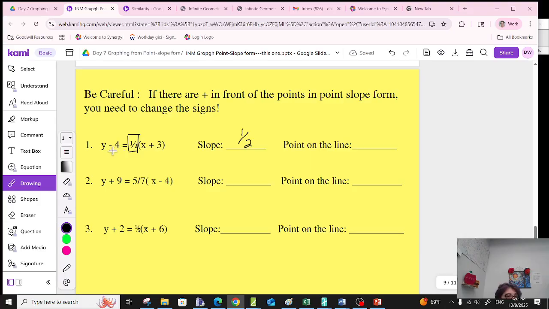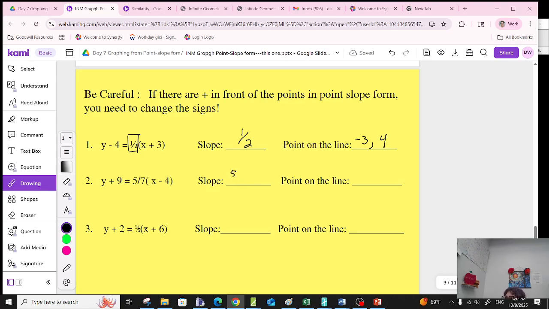So a lot of students will make the mistake of going to the 4 because they see the 4 first. Don't do that. This is with the X. And you change the sign. So this is positive. So what am I going to write right here? -3. This is -4. So then what do I write over here? +4.